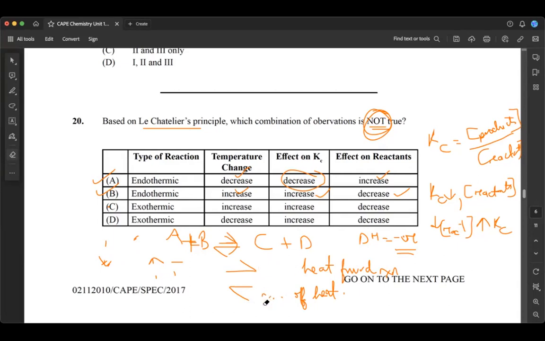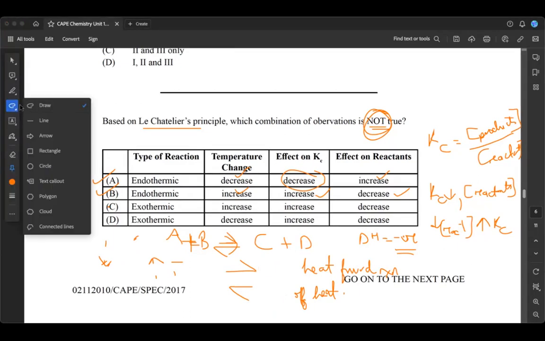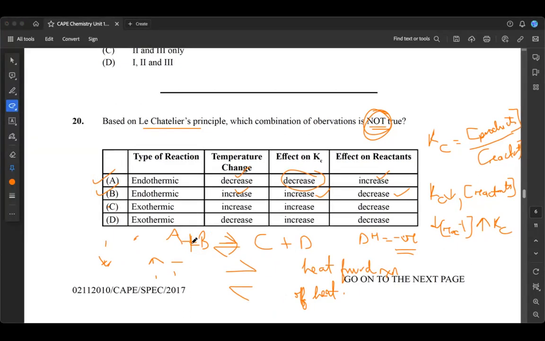Now I have an exothermic reaction. Forward reaction gives off heat. When I go from A plus B to C plus D, it's going to give off heat, because that's what exothermic reactions do. And then the reverse is going to absorb heat. So the forward reaction is going to give off heat because it's an exothermic reaction, and the backward reaction is going to absorb heat.